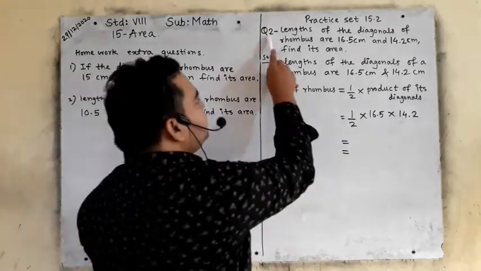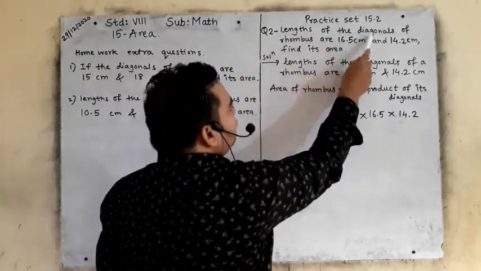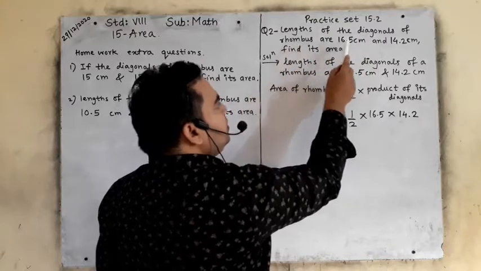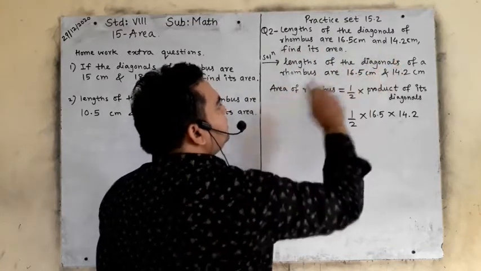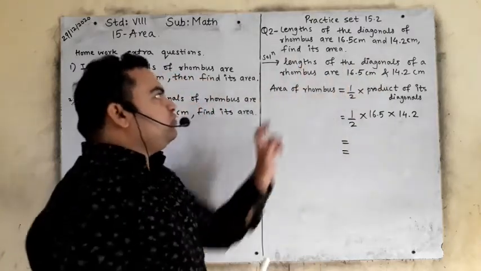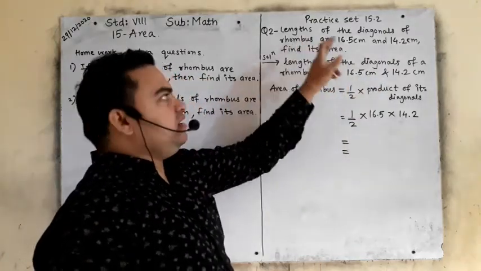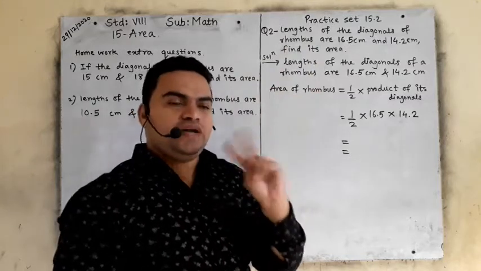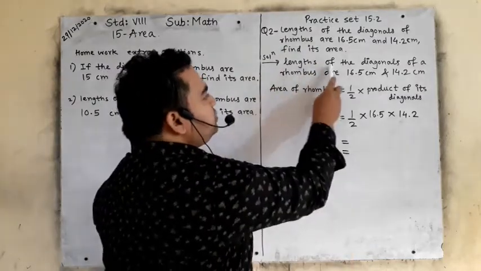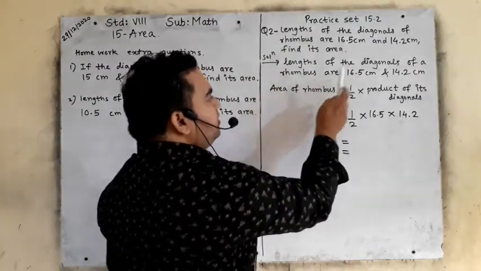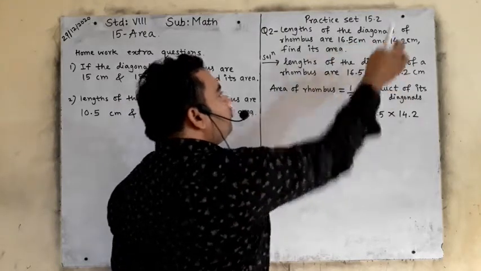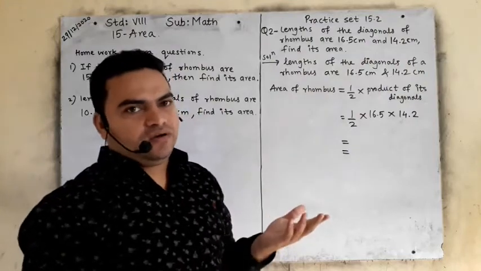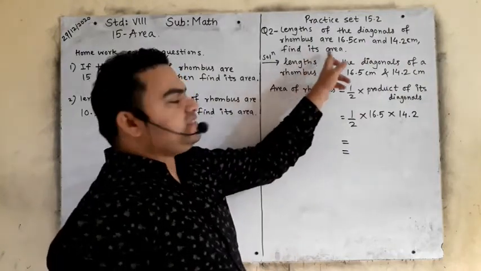See here, question number 2: lengths of the diagonals of a rhombus are 16.5 centimeter and 14.2 centimeter. Find its area. Whose area? Rhombus. How many diagonals will be there? Two diagonals. The first is 16.5 centimeter and the second is 14.2 centimeter.